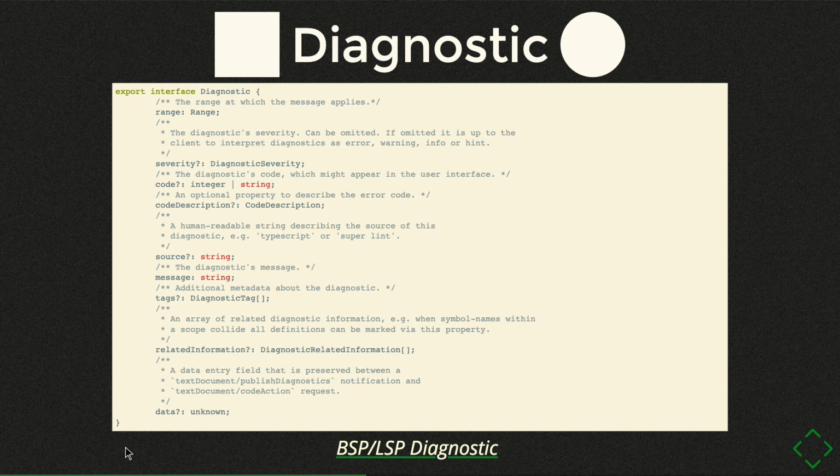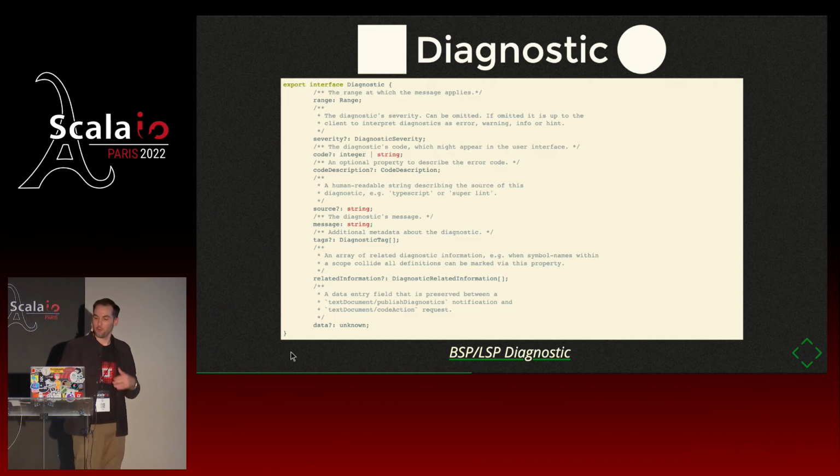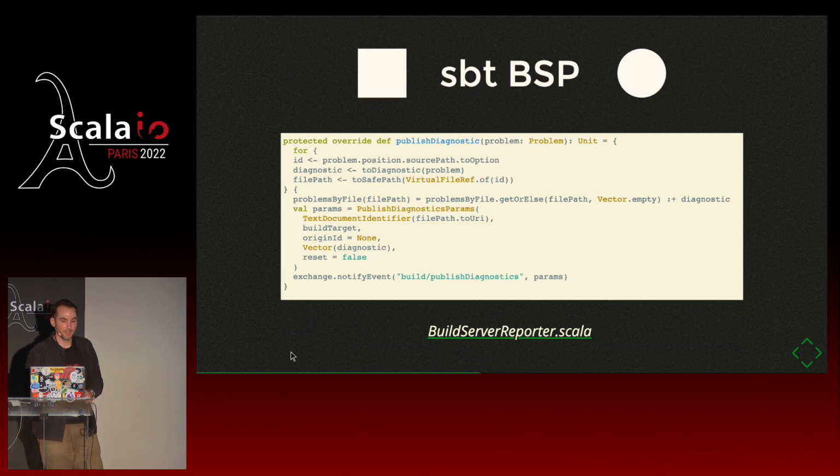What's the code? So we can maybe put a big question mark on those. We have source, which is where is this thing coming from? We have a message, which again we've seen before, and then some more new things that we haven't seen before. A tag, related information, and data. So hopefully you're wondering, like, what are these other things used for? Does the compiler use those?